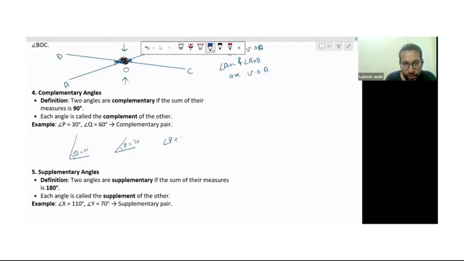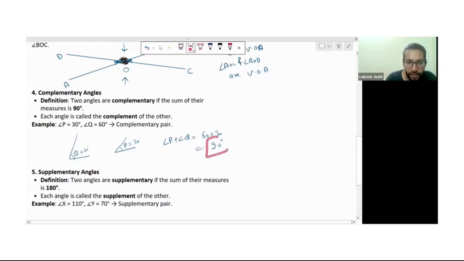If we add angle P plus angle Q, we get 60 plus 30, which is equal to 90. So we can say angles P and Q are complementary as their sum is 90 degrees.